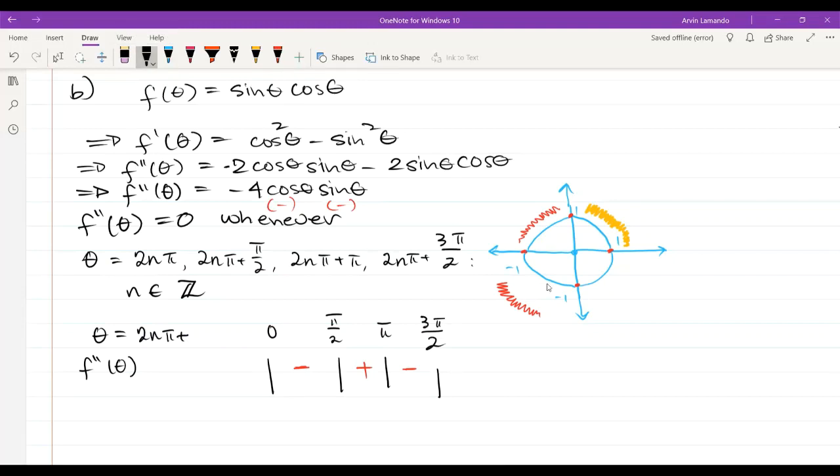Then from 2n pi plus 3 pi over 2 up until 2n pi plus 2 pi, this is the fourth quadrant.